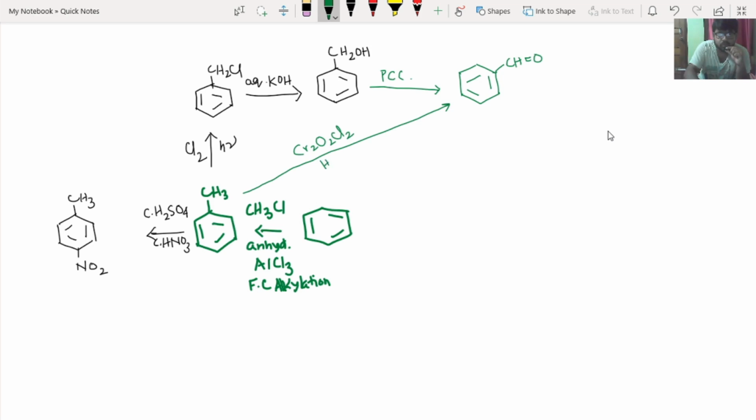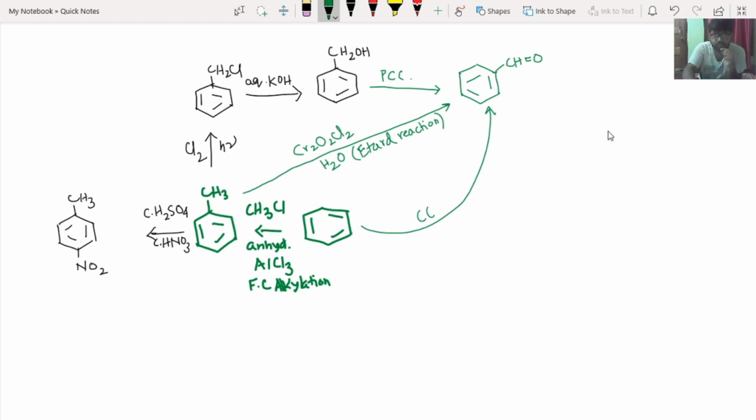Now benzaldehyde can also be made from this toluene by using chromyl chloride and water. We call it Etard reaction. By using Etard reaction, toluene can be converted into benzaldehyde. Now benzene can also be converted into benzaldehyde by Gattermann-Koch reaction.